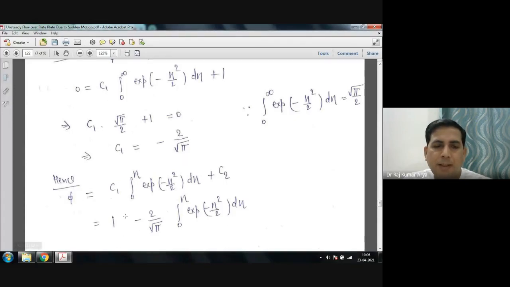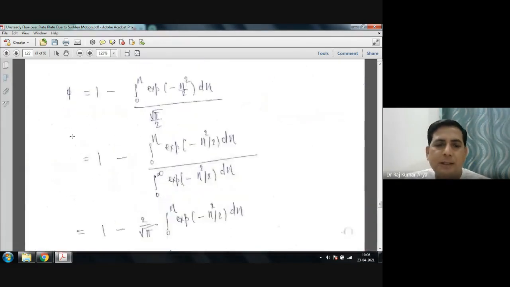So from there, your expression of phi is 1 minus 2 upon root pi, integral 0 to eta of exponential minus eta square into d eta. Now you can substitute this back.